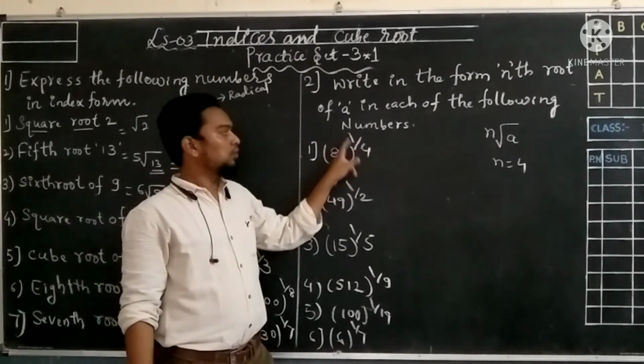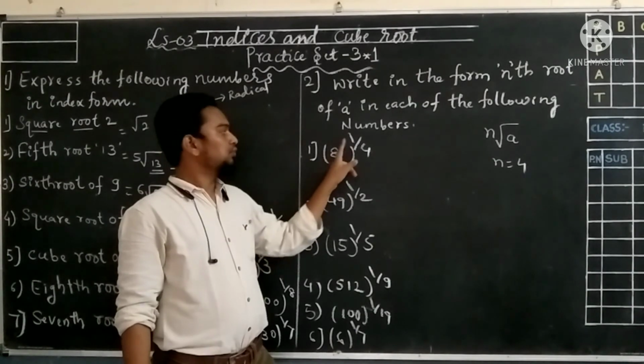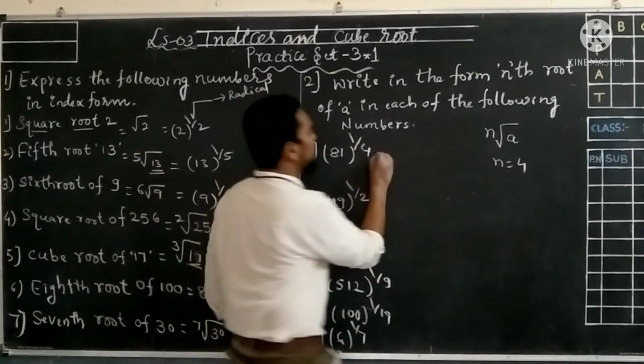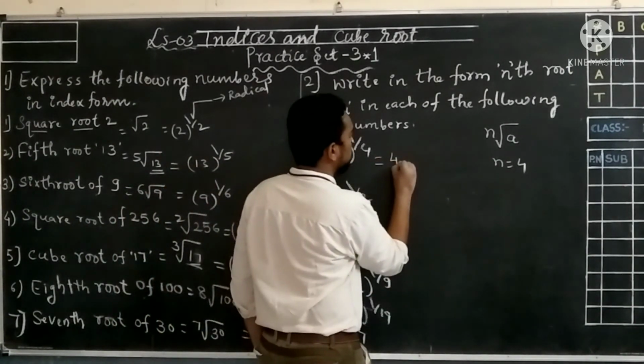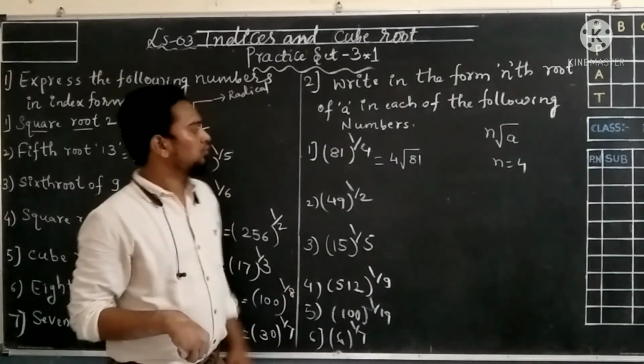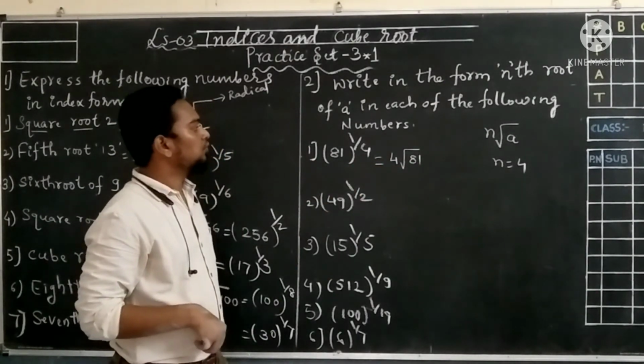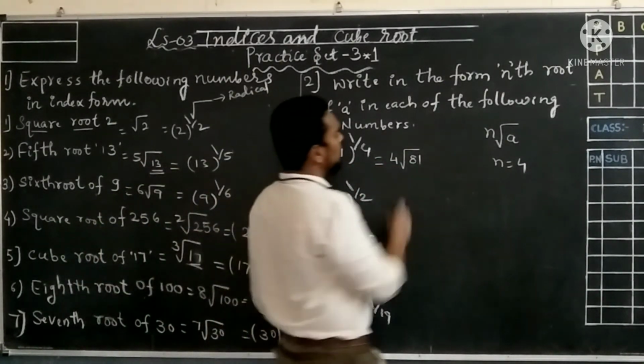Fourth root 81 means we write first fourth root 81.